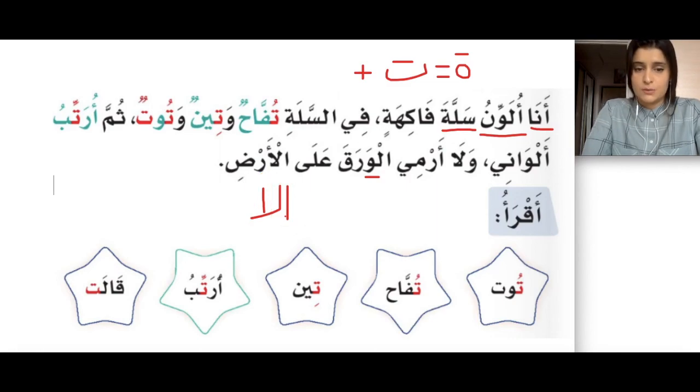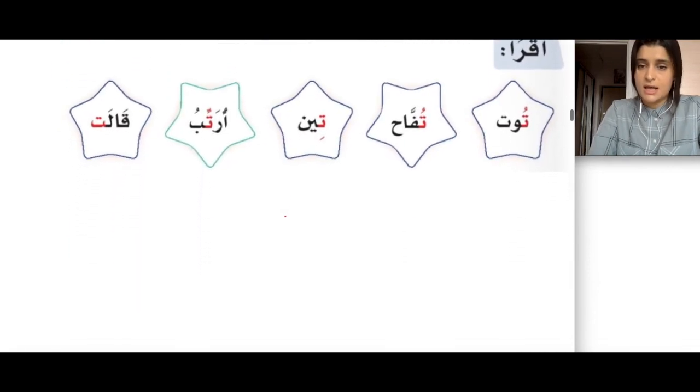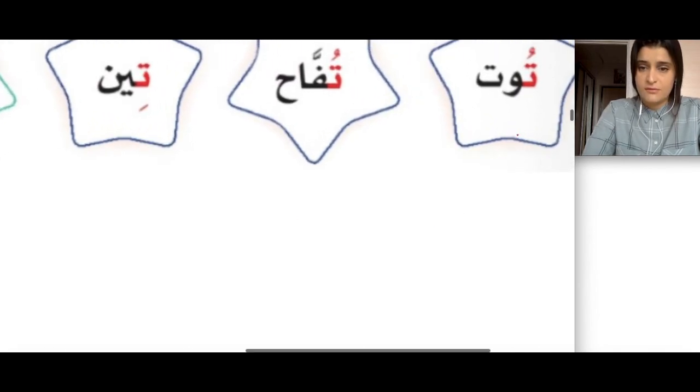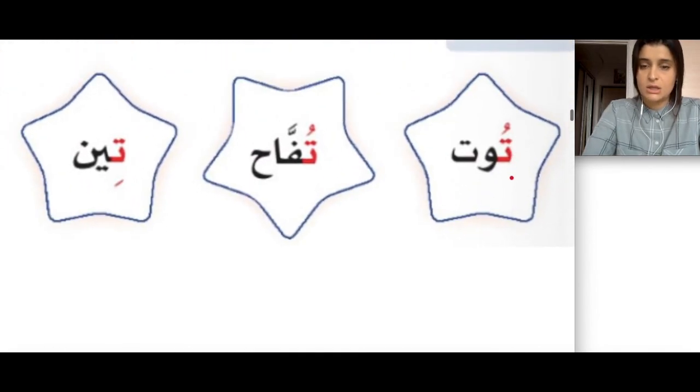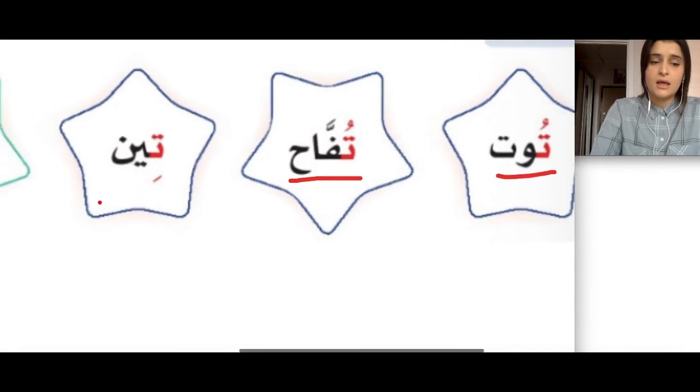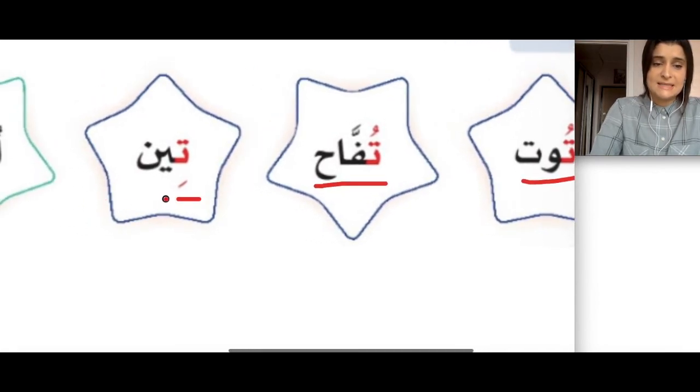Okay, let's continue. Now I want you to stop this video and write these words by yourself, and then turn on the video again and check yourself. The first word is toot. The second word is tufah, and then we have teen.